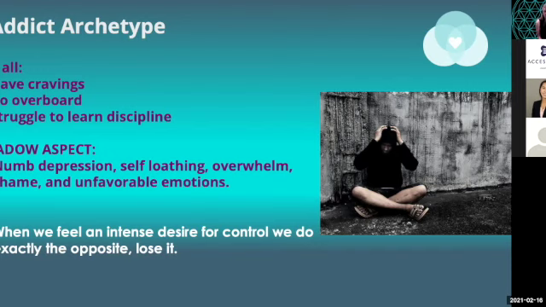So if we can understand this as part of an archetype, right? Not a label like you are a drug addict or you are an alcoholic, but just this archetypal pattern that can live in all of us. We all have cravings, so do addicts. They just get really big.